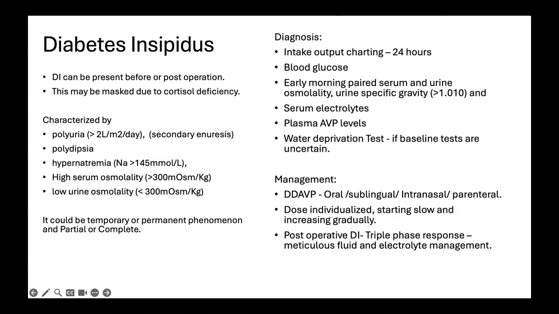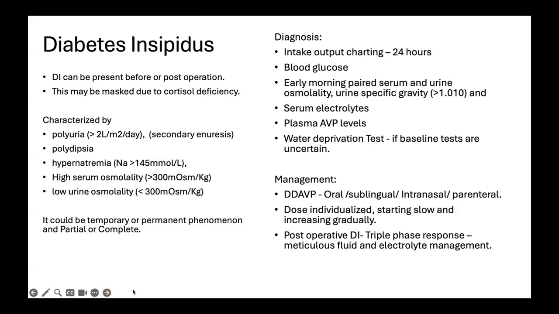These disorders of diabetes insipidus are very tricky to manage, and they are treated with first treatment of the underlying disease and starting DDAVP, which is available in oral, sublingual, intranasal or parenteral format. The dose of this is not a per kilo dose. It is individualized and arbitrary. Usually we start at a low dose and gradually titrate the dose depending upon the intake output and the electrolytes.